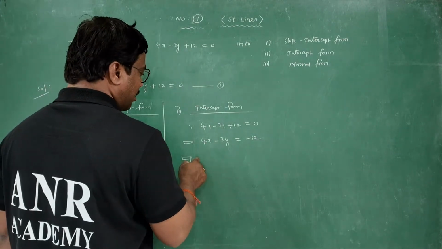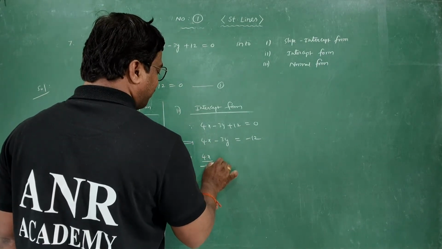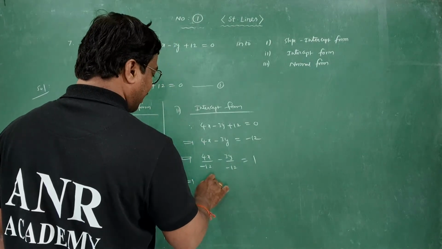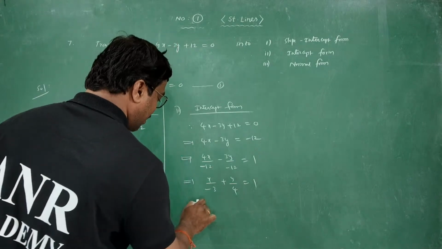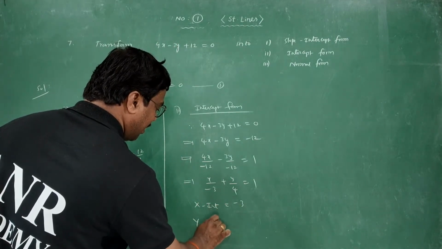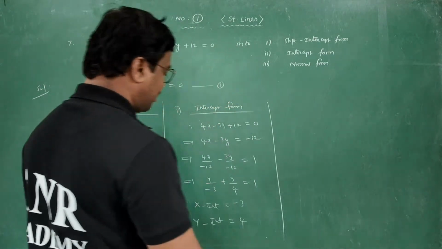To get the right part as 1, I am going to divide each and every term with minus 12, so that you will get x by minus 3 plus y by 4 equal to 1. Therefore it is intercept form where x intercept is minus 3 and y intercept is 4. So you have to express it in this way.